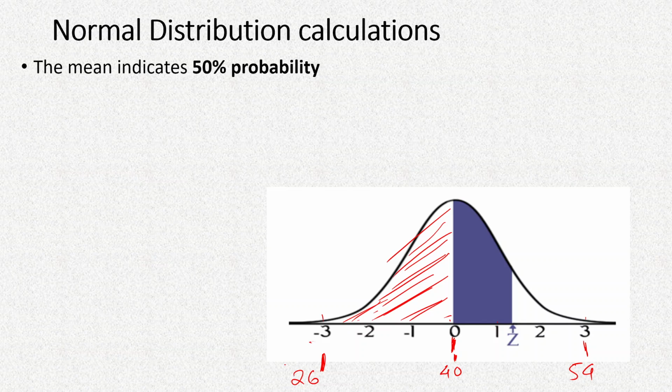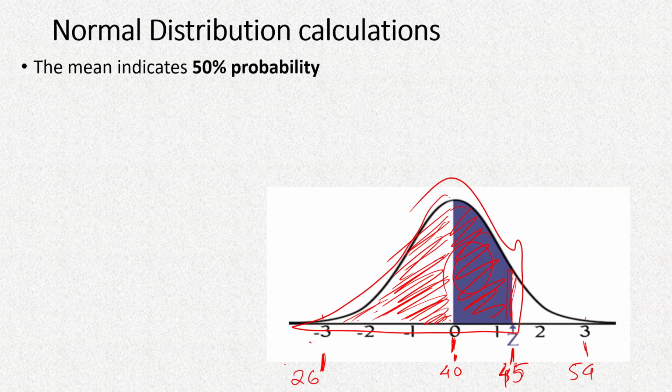Then if somebody asks what is the probability that it will be completed within suppose 45 days, which is, let's say, around here, in that case we already have this 0.5 probability or 50% probability. Along with that, we'll have to add this area as well, which will go up to 45 days. That means this whole area will be giving us the probability.